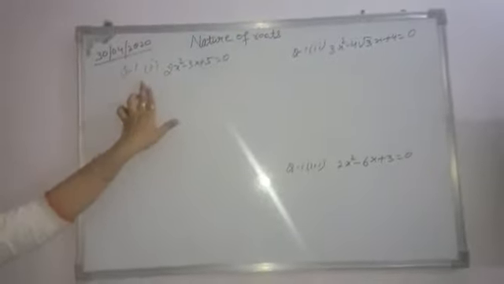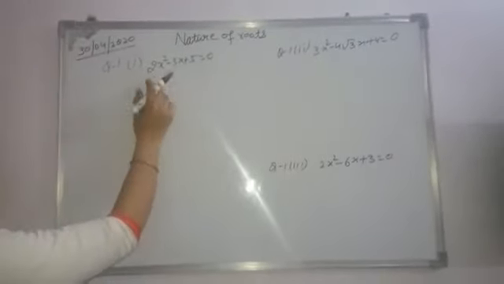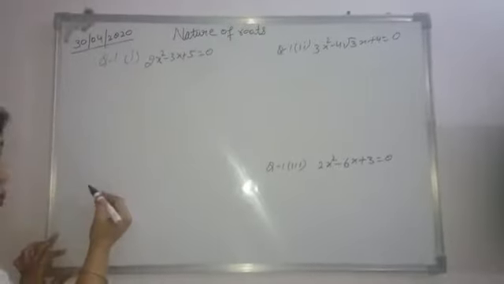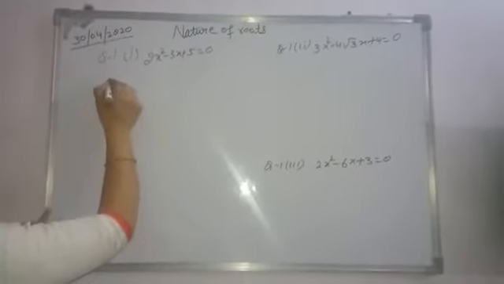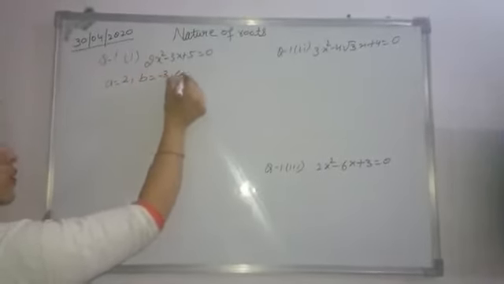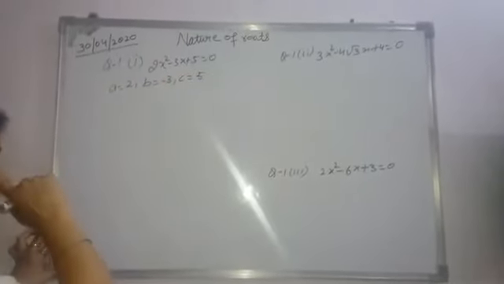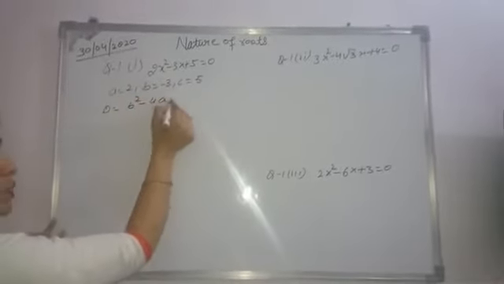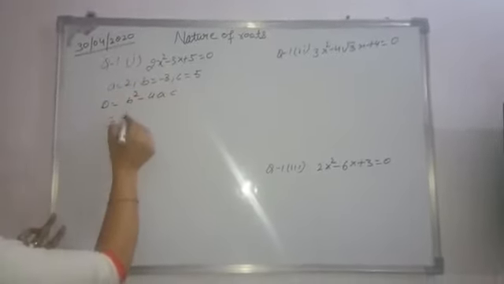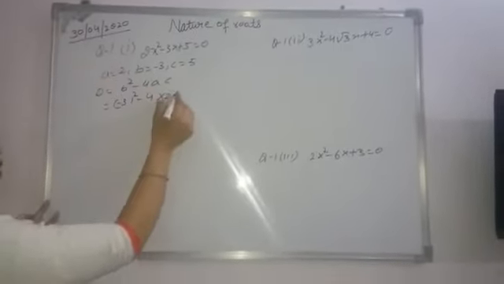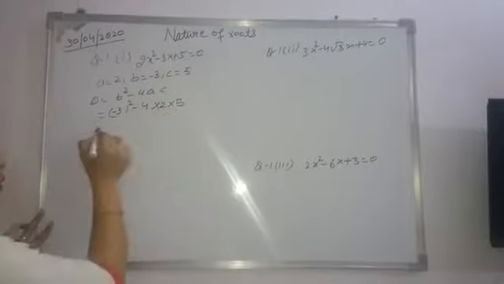Now in question number one, first part, the quadratic equation is 2x square minus 3x plus 5 equal to 0. First compare the coefficients. Here a is equal to 2, b is equal to minus 3, and c is equal to 5. And we know the value of D is b square minus 4ac. Now b is minus 3 square minus 4 into a is 2 and c is 5.